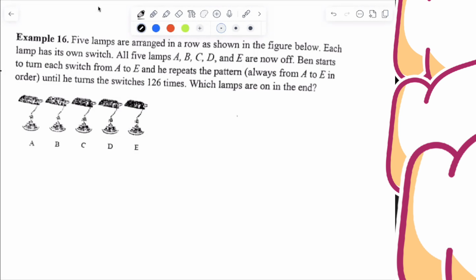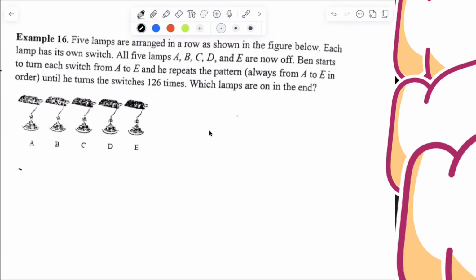Let's get started with the discussion. If the lamp is switched an even number of times, it does not change its on or off state. And if the lamp is switched an odd number of times, it changes from on to off or from off to on, depending on the original on-off position.